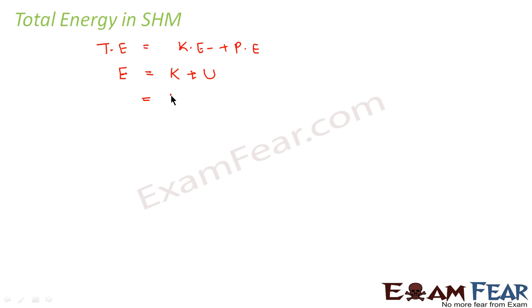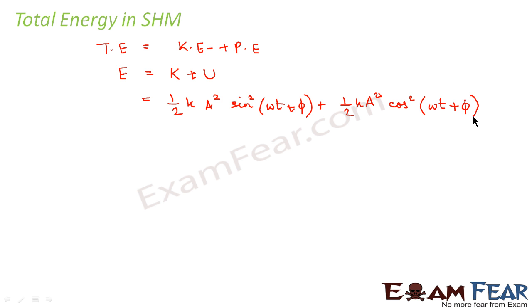Now, what is the value of kinetic energy that we obtained in our previous slides? It is half k a squared sine squared (omega t plus phi). And what is the value of potential energy? It is half k a squared cos squared (omega t plus phi). Now if you take half k a squared common, what do you get?